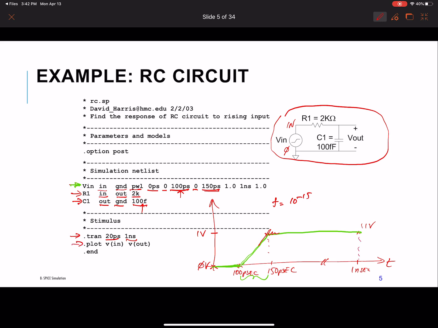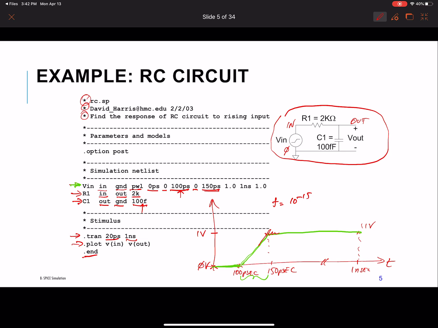This .plot statement tells it to do a graphical plot of the in and the out, assuming these are the node names. And then you always need a .end statement, okay? That's always required. Anything with a star is a comment, so the tool won't see that.